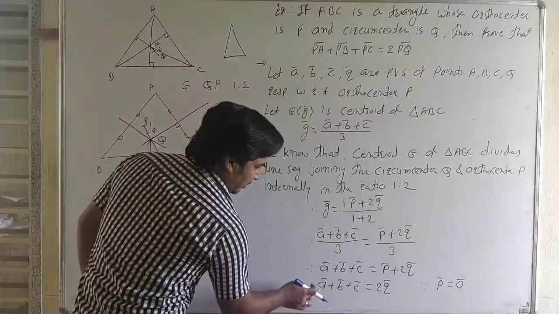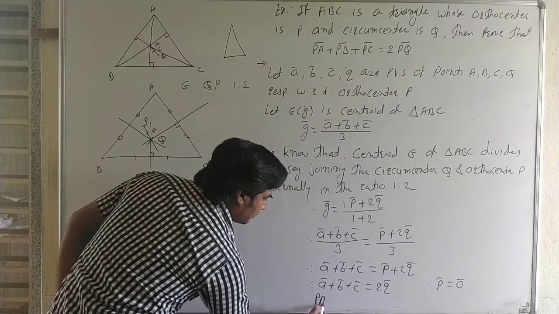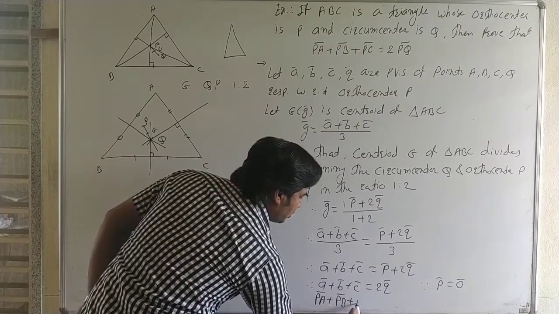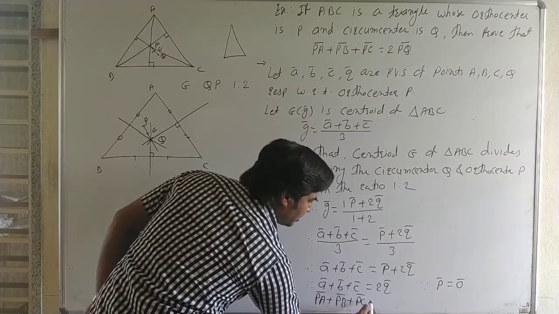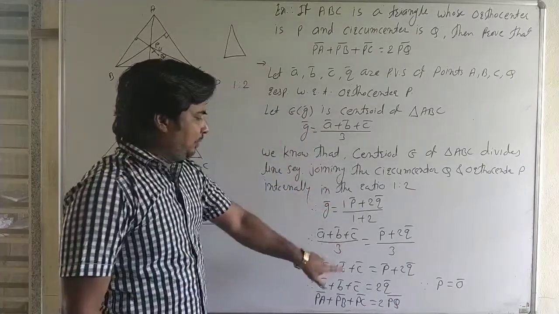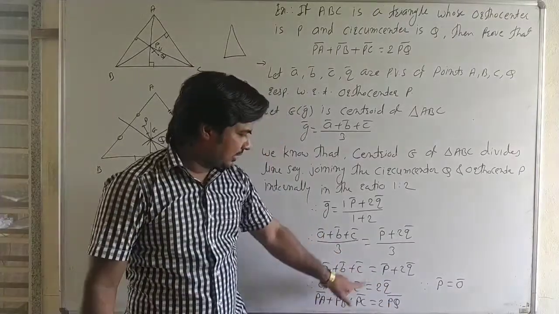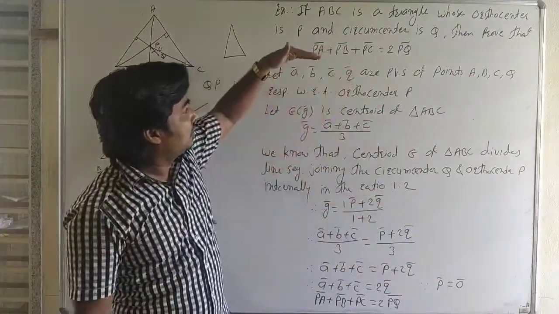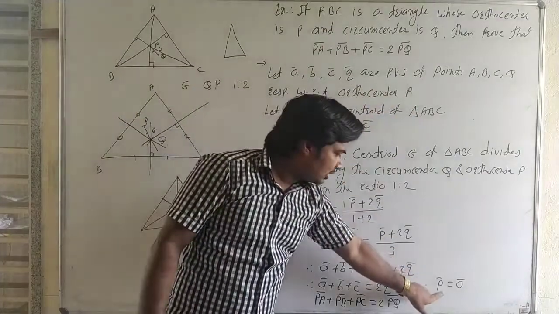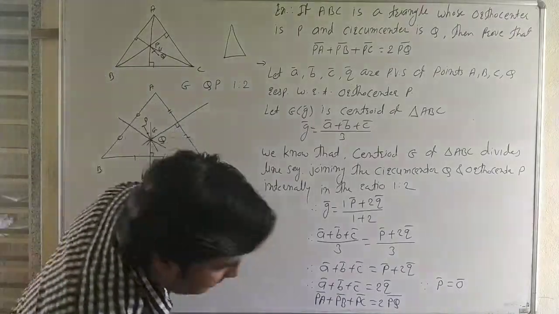Then the position vector of A with respect to P is PA, of B is PB, of C is PC, and 2 into the position vector of Q with respect to P is PQ. Therefore PA plus PB plus PC is equal to 2 into PQ. Since we consider the position vectors with respect to the orthocenter, P bar is equal to 0. See carefully.